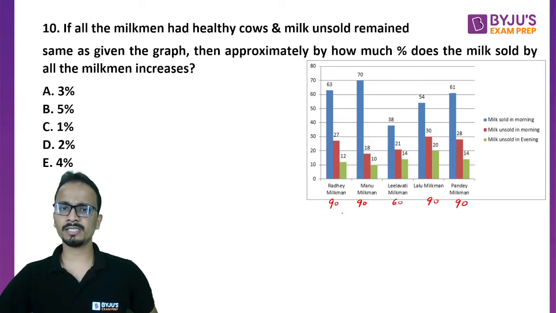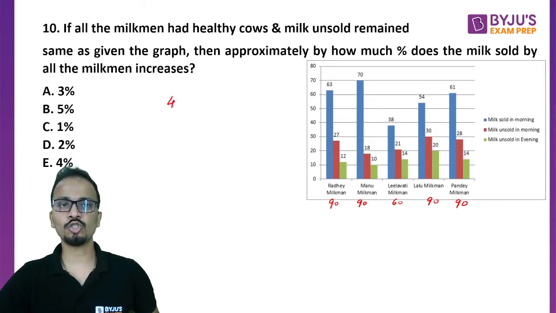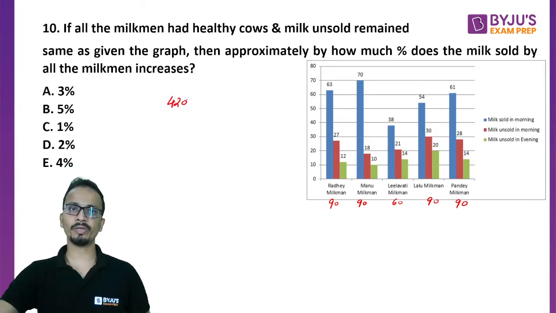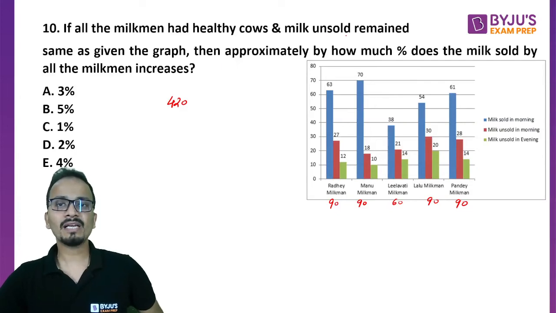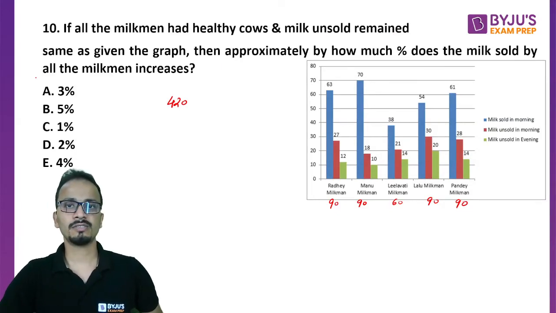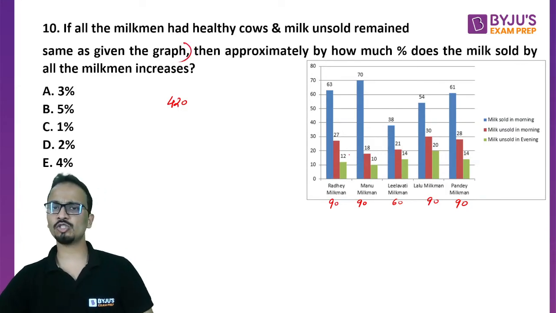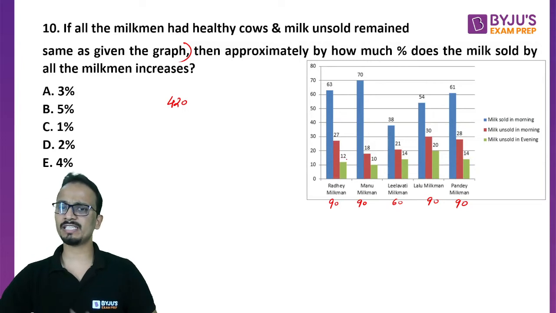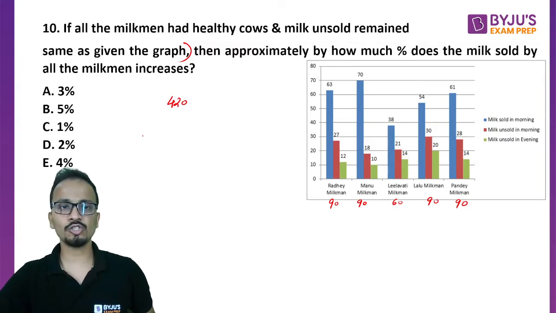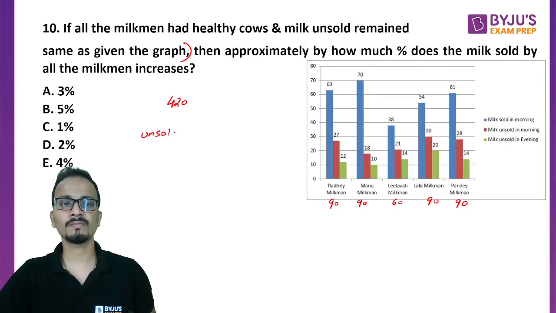That is equal to 420 liters. And the milk unsold remained the same as the given graph. So jo milk unsold hai wo jaisa graph mein diya hua hai waisa hi hoga. So milk unsold is equal to 70 liters.